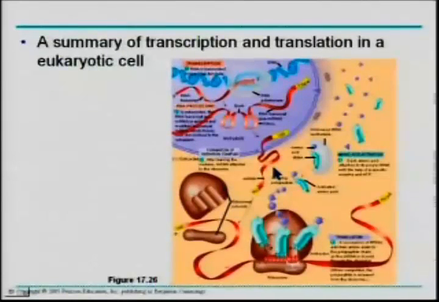The formation of the initiation complex will occur. You see that beginning to occur here. And then the amino acid activation is occurring with the aminoacyl tRNA synthetase, and then translation occurs: initiation, elongation, and termination.